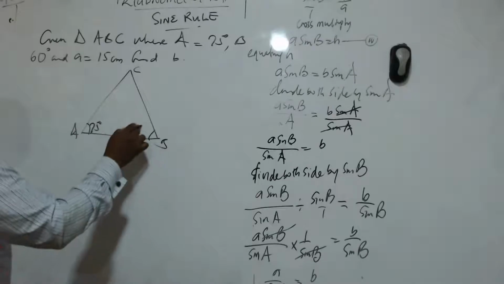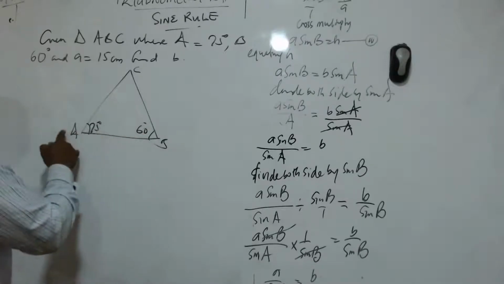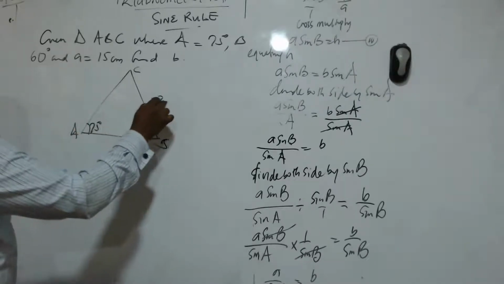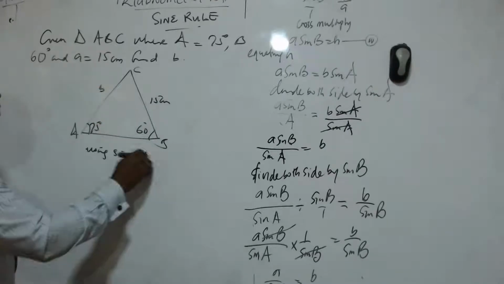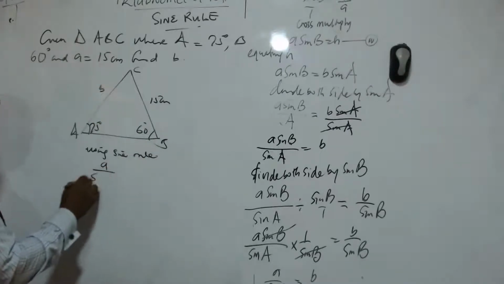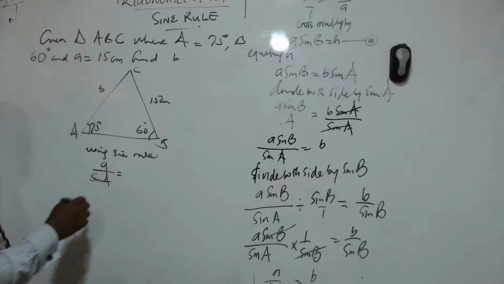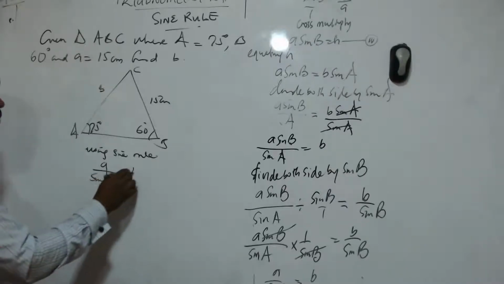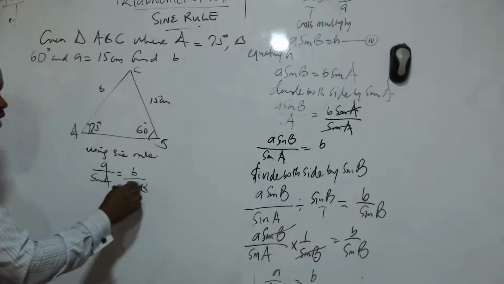Our B is 60 degrees, our A is 15 centimeters, and B we are not given. By the sine rule, A over sine A equals B over sine B.